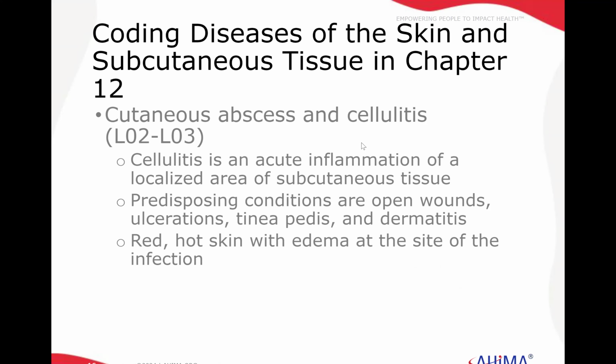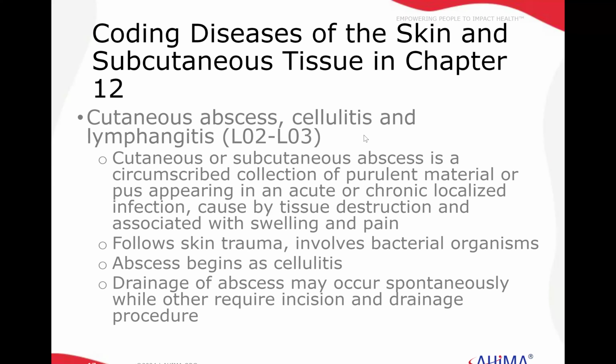Sometimes you can have things below the skin getting into abscesses, cellulitis, right? And these fall into code categories L00 through L03. And different types of cellulitis and abscesses, so important to read past the main term of cellulitis.